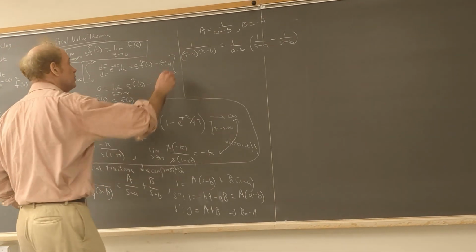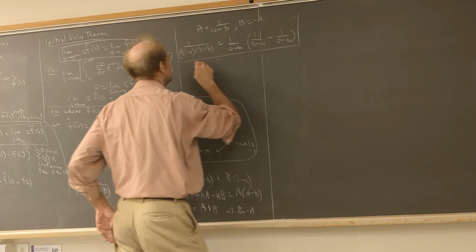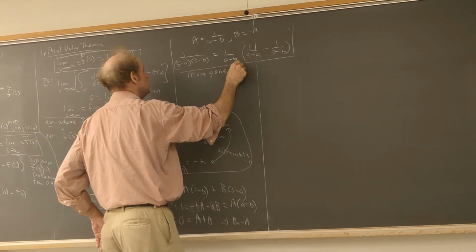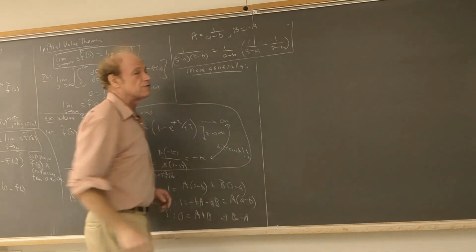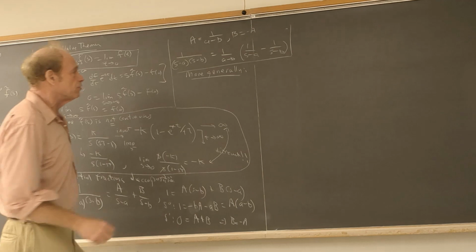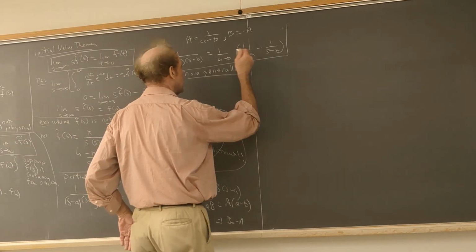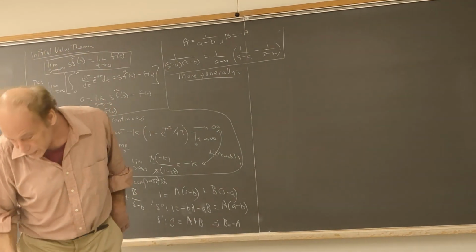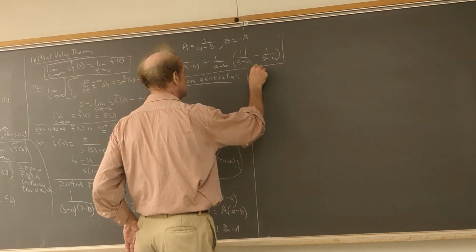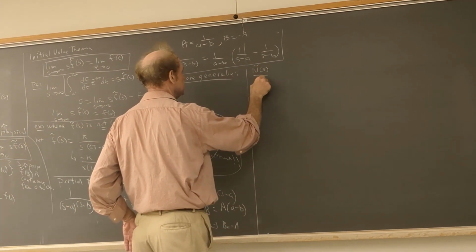Well, more generally, I'm not going to do the most general, but let's assume that I have a function. What do I want to call it? Let's just call it n tilde of s over d tilde of s.